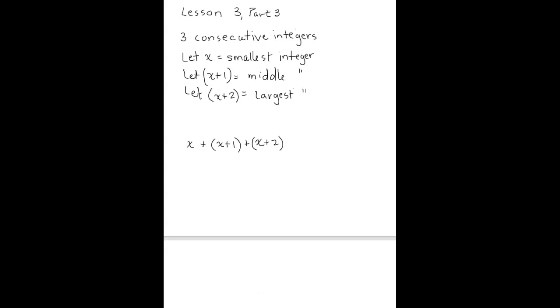So twice the smallest, that's going to be 2x, and then we're saying that the sum of them is 13 greater than twice the smallest. Well, if this is 13 more than, in order for this to be equal, I have to add 13, right? So there's my 13 greater than 2 times the smallest, and that has to be equal to this.